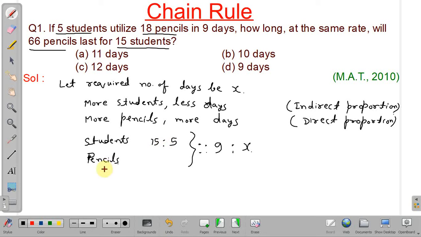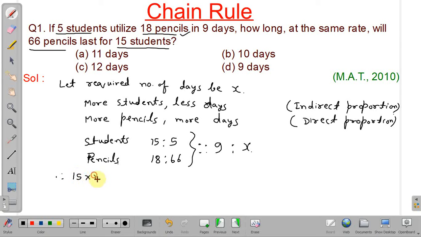Okay, and with pencils number of days is direct proportion. So in case of 9 days number of pencils was 18. So as it is direct proportion, 18 will be here, and in case of x number of days number of pencils is 66. Now as per rule of proportion, we know product of extremes equal to product of means.